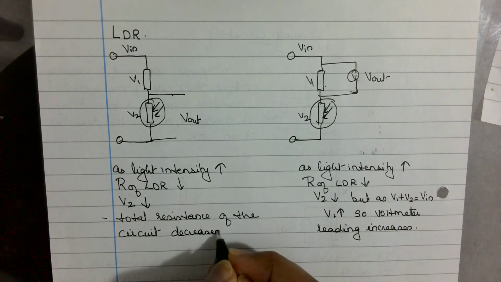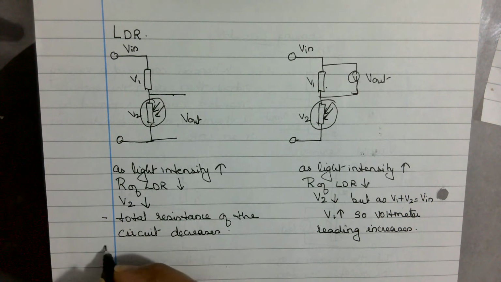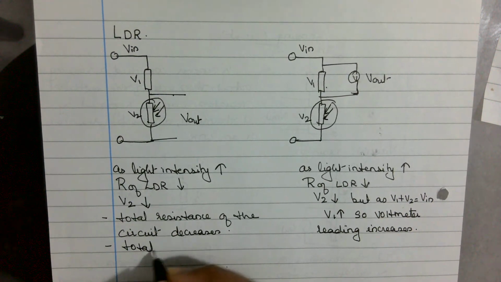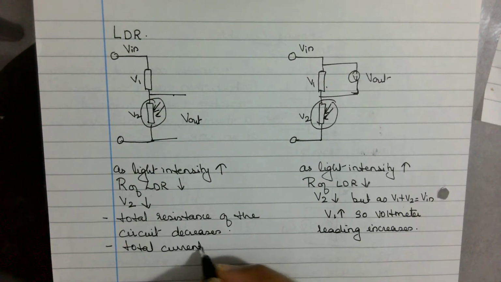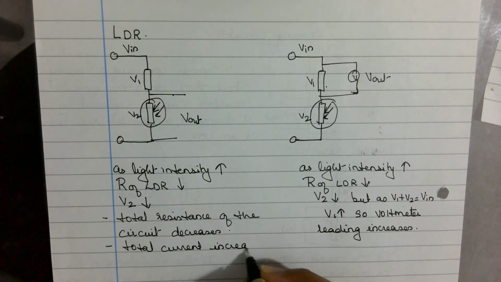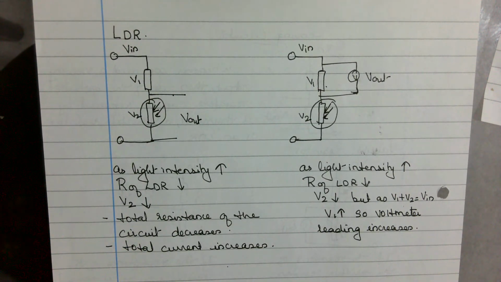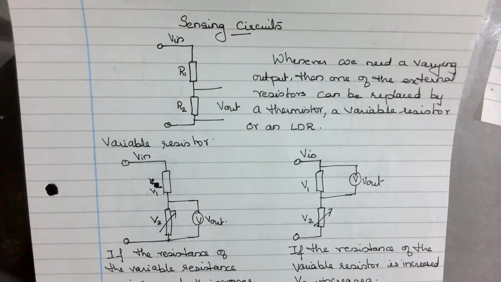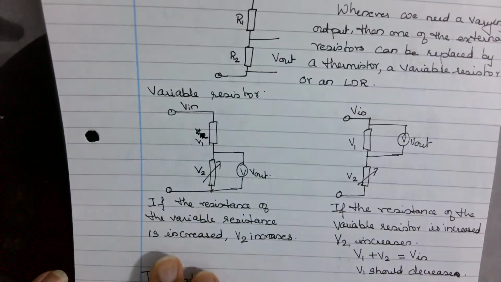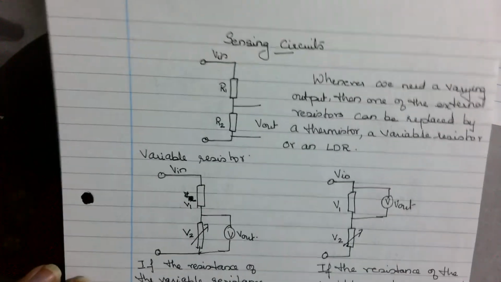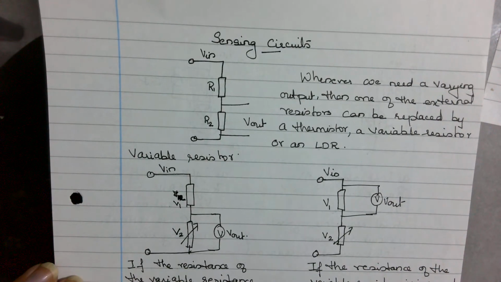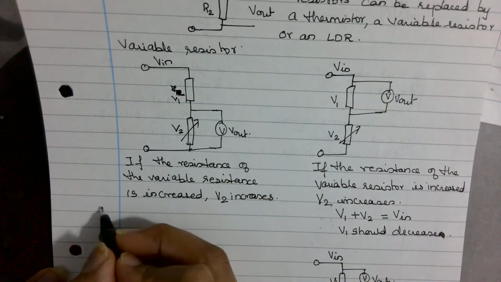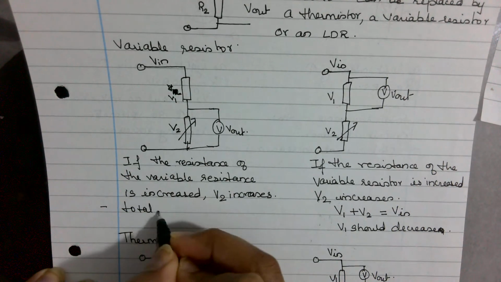And whenever the total resistance decreases, the total current increases. Is that clear? It doesn't matter which one it is. These two points are applicable here also, and in these two circuits also, where you have the variable resistor.